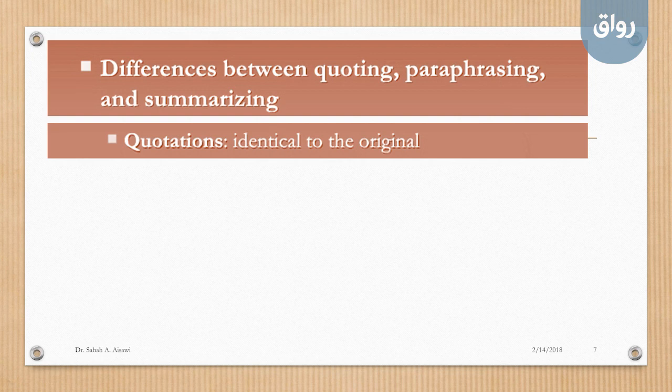That's why when we do quoting, we have to show that we have borrowed it from the original by putting quotation marks, and then in all 3 types of note-taking, quoting, paraphrasing, and summarizing, we need to cite. What is to cite? To acknowledge the reference from which we have taken that idea.